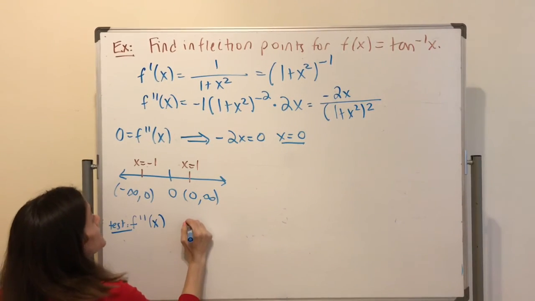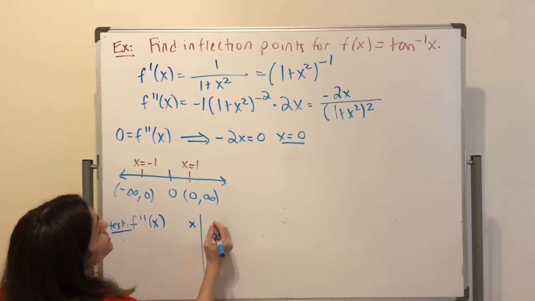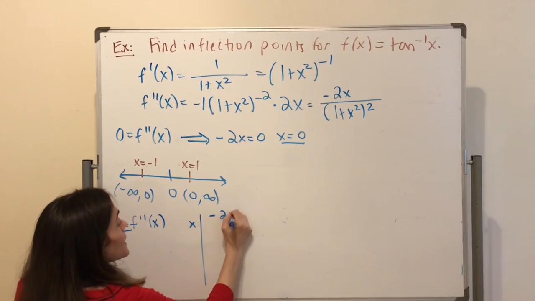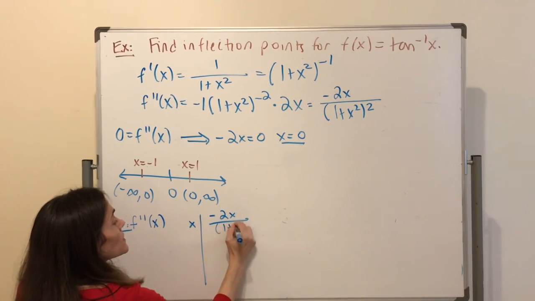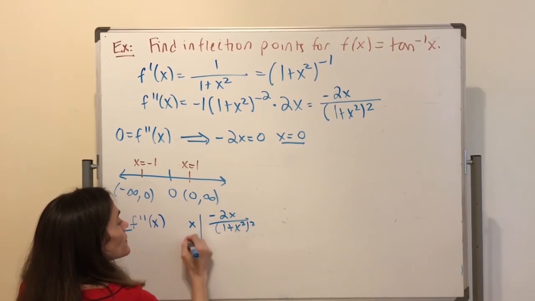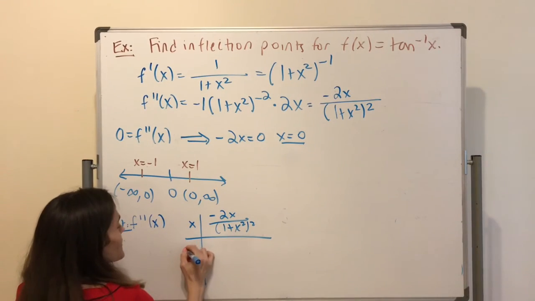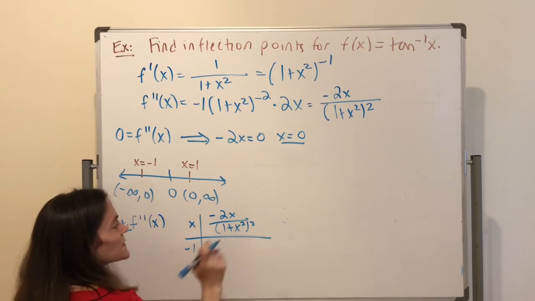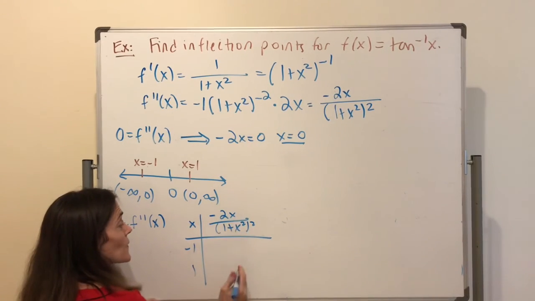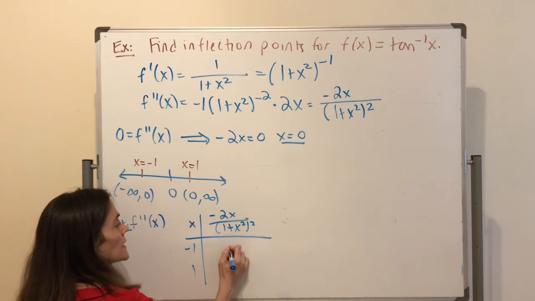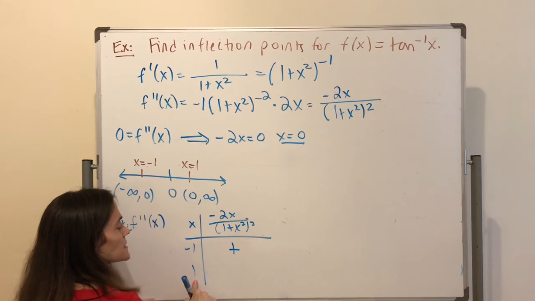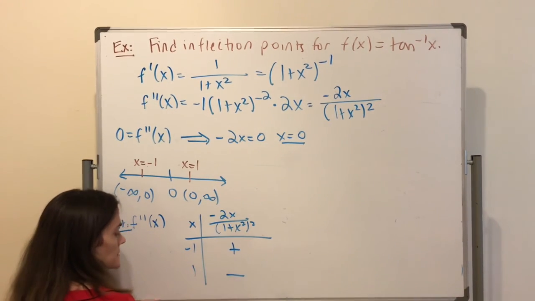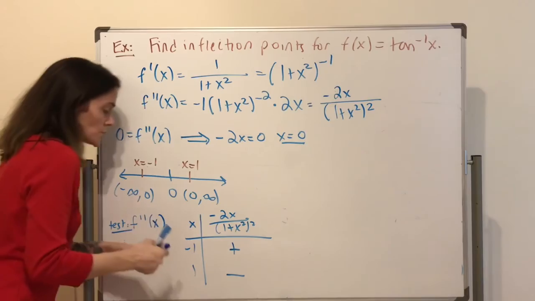Okay, so I have x. My second derivative is minus 2x over 1 plus x squared, squared. Well, all I'm evaluating it at is minus 1 and 1. The denominator is always positive. Evaluate this at minus 1, we get a plus. Evaluate this at 1, we get a minus. That was not too terribly hard.